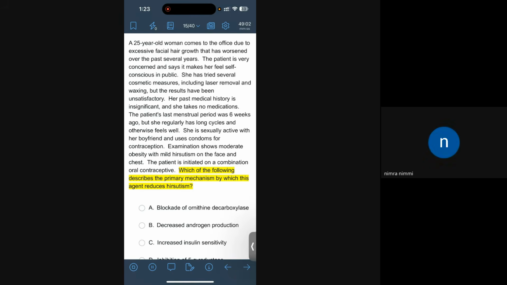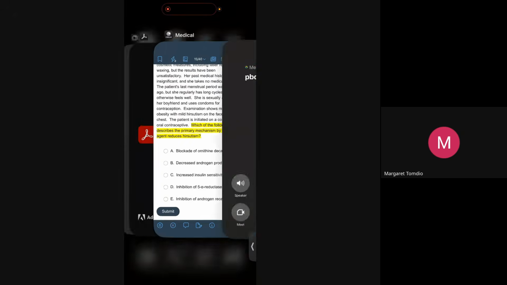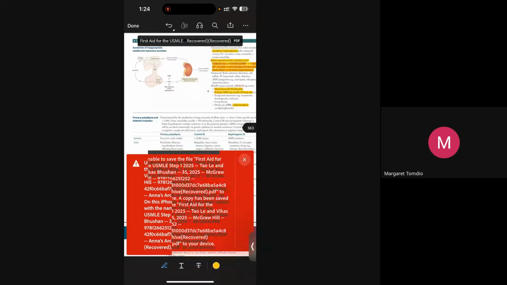Polycystic ovarian syndrome. Why does the hirsutism develop in this patient? What is the cause of hirsutism here?